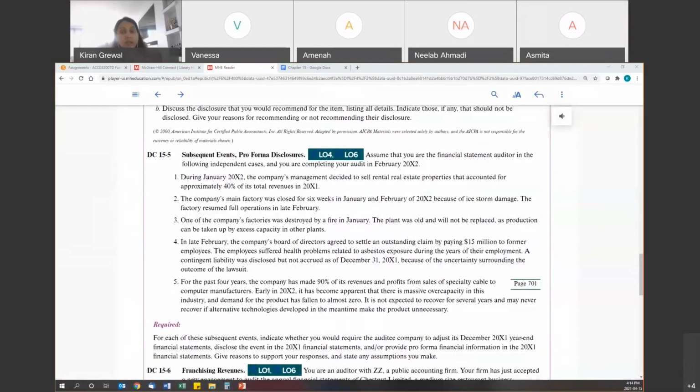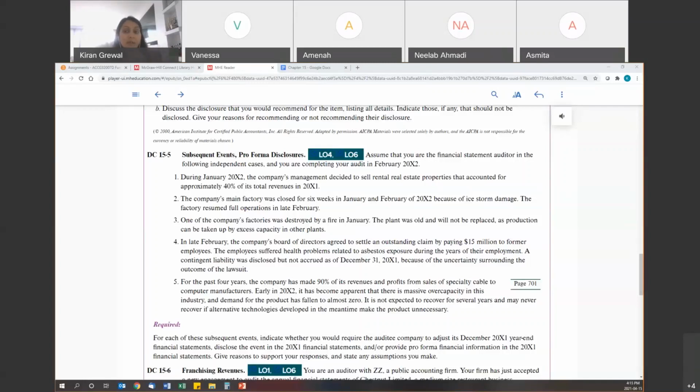The year end is December 31st, but in January, February, March, the auditor's in there trying to figure out if everything's done properly. And then after the audit's done, that's when your financial statements are finalized. So in between that time, after year end and before the financial statements are finalized, those are called subsequent events.